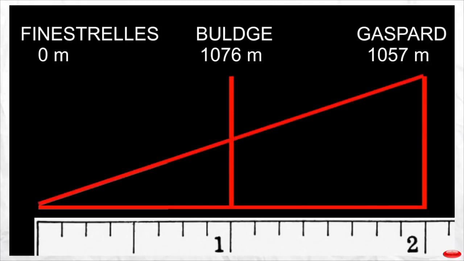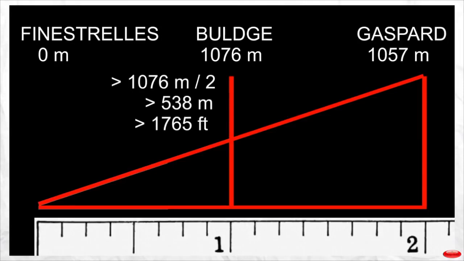We will now add the line connecting the peak of Fenestrelle with the peak of Gaspard. Because Gaspard is slightly lower than the bulge, the line intersecting the bulge height is at slightly lower than half of its height. So the amount of blockage is greater than 1,076 meters divided by 2.